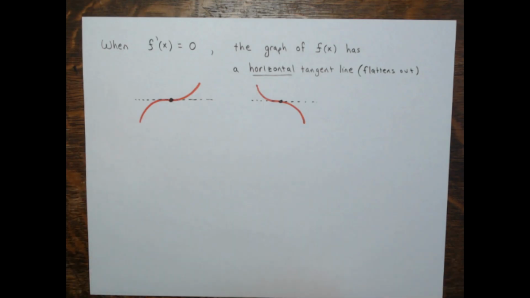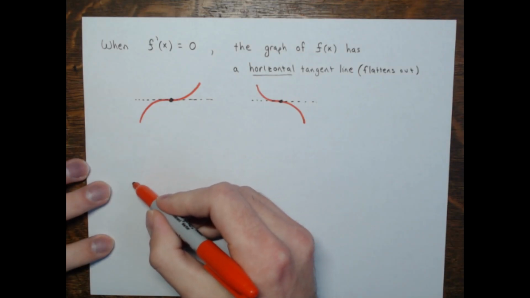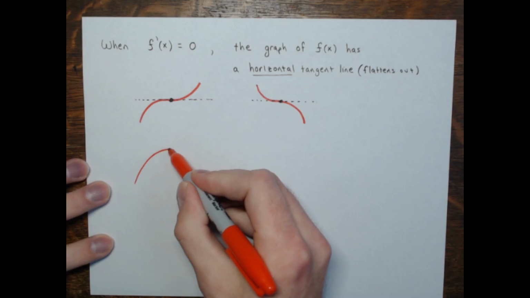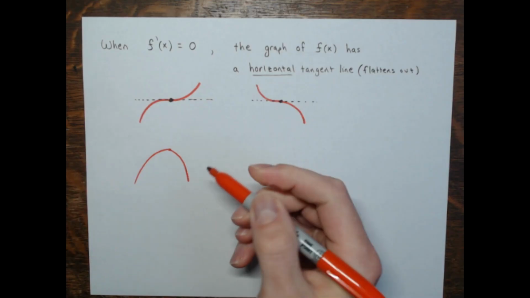But then there's the points that we're going to be focusing on later with this first derivative test. So you could also have this happen where it increases, flattens out, and then decreases.